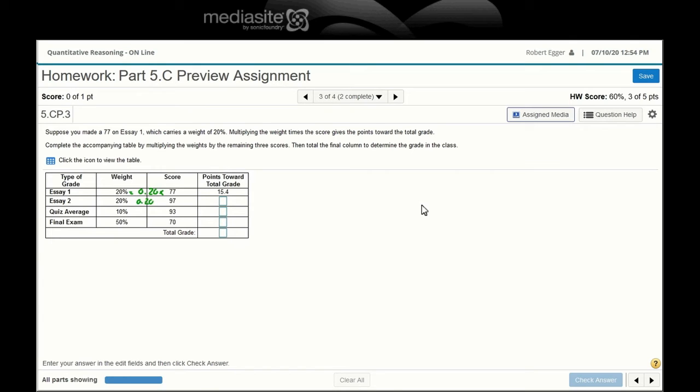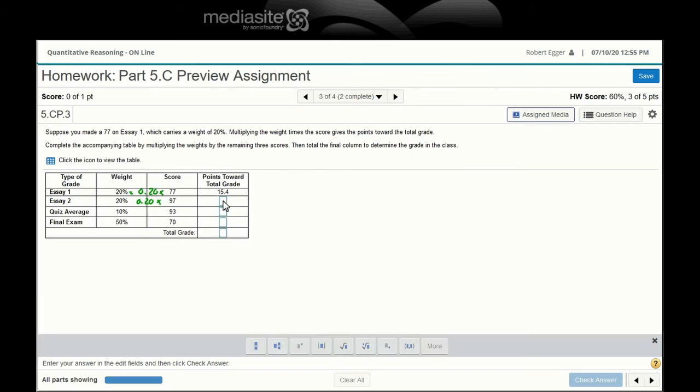So 0.20 times 97, I got 19.4. 0.10 times 93 is 9.3. 0.50 times 70 is 35.